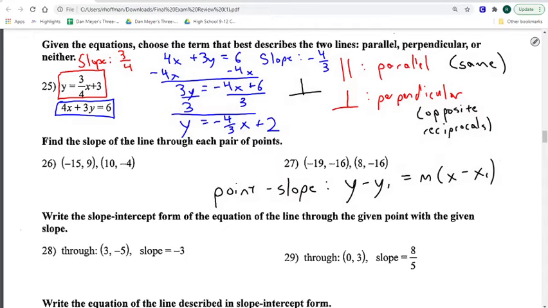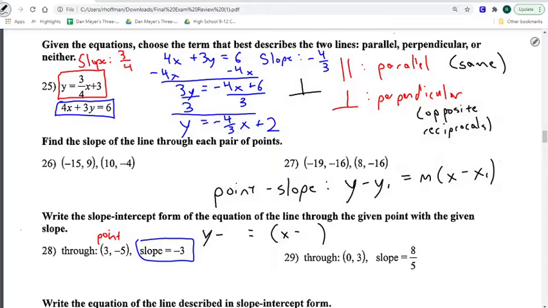So on 28, here's our point. And then here is our slope. And so if we're looking for our form here, that's our form.